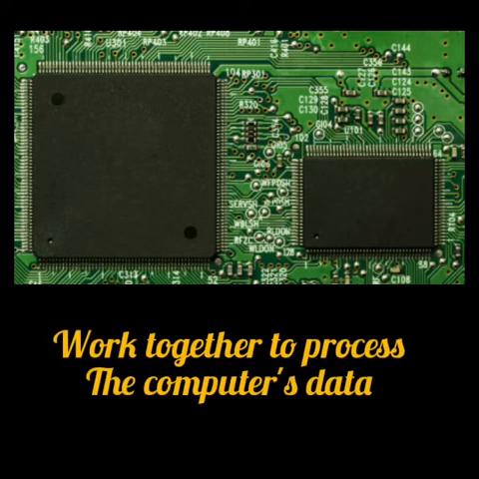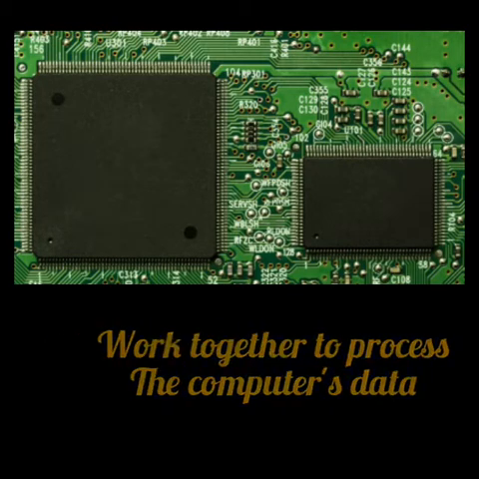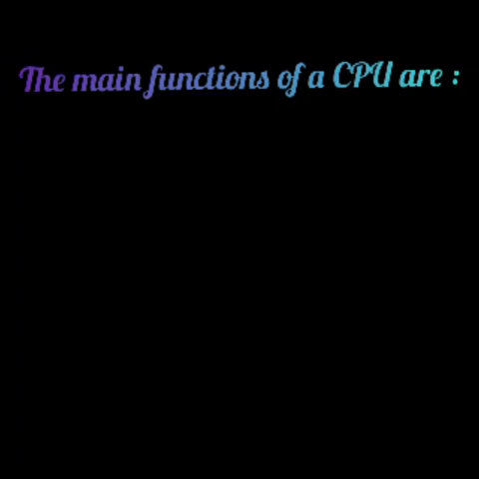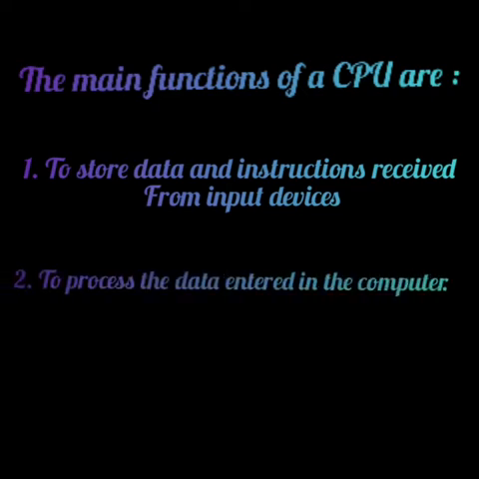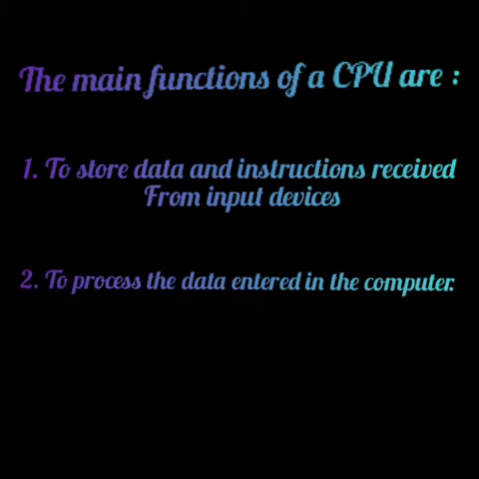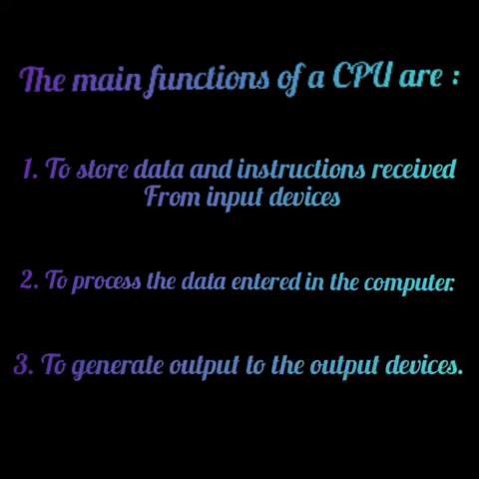They work together to process the computer's data. The main functions of a CPU are first, to store data and instructions received from input devices in its memory. Second, to process the data entered in the computer. And third, to generate output to the output devices.